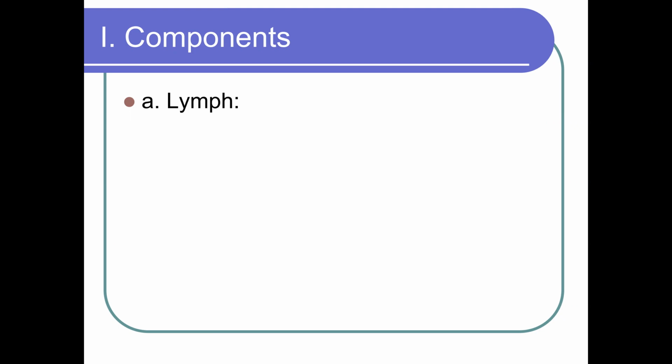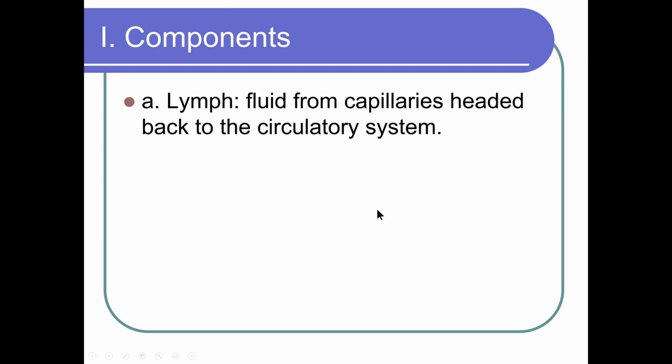The interstitial fluid is a fluid compartment that is not inside the vascular system and is not inside the cell. Well, there is a separate system called the lymphatic system, and the fluid in that system is called lymph. It's the fluid from the capillaries headed back to the circulatory system, because we want to harvest that fluid, with net capillary pressure of 2, and bring it back into the vascular system.